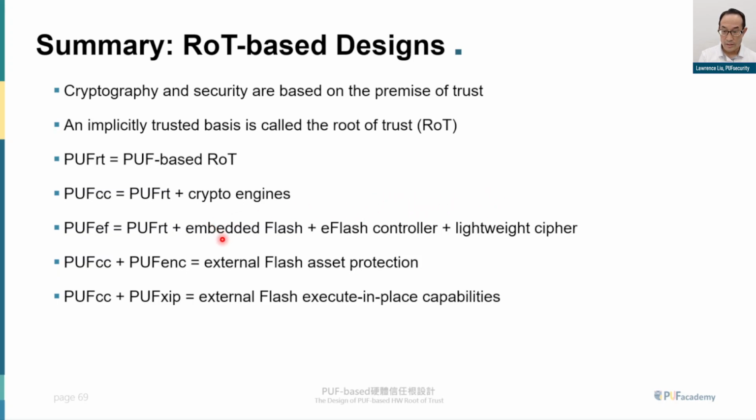Then we have external flash asset protection, such as for a NAND flash, and that's created using an accessory module called PUFenc. And that's added with PUFcc to give protection for any assets stored in external NAND flash using AES encryption.